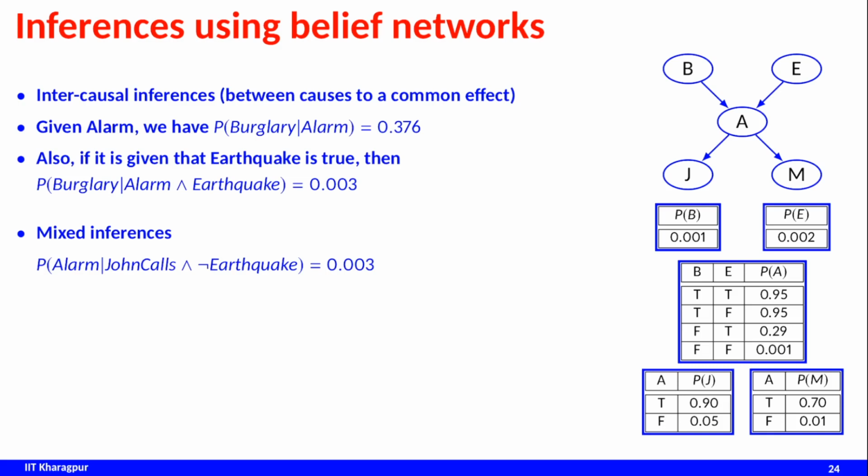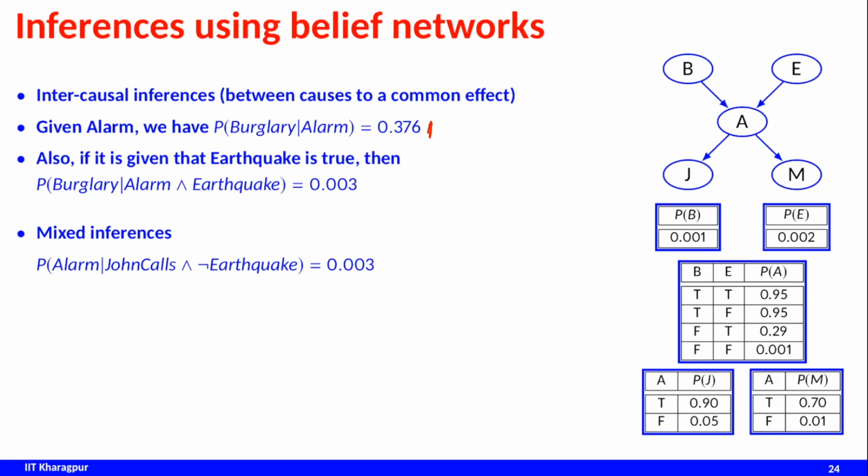Also it may happen that it is given that the earthquake is true. What I mean to say is, with respect to the event that the alarm goes off, somebody has told me that the alarm goes off and the earthquake happened.